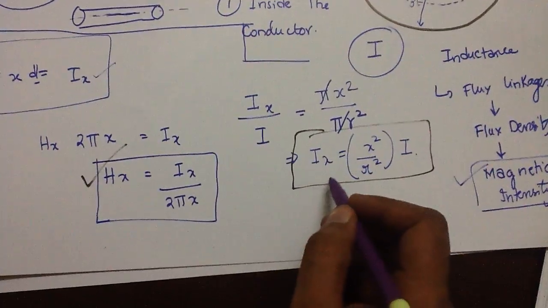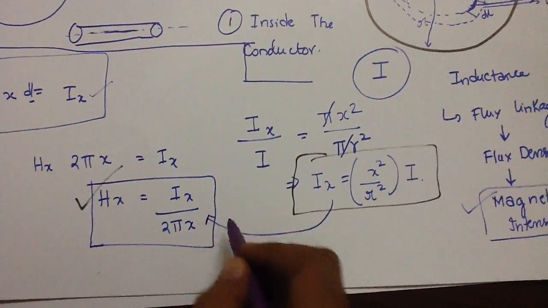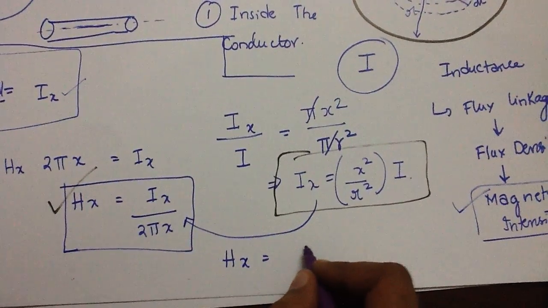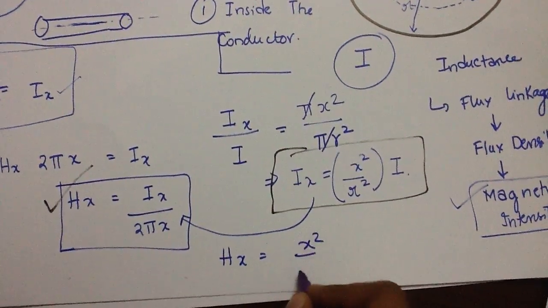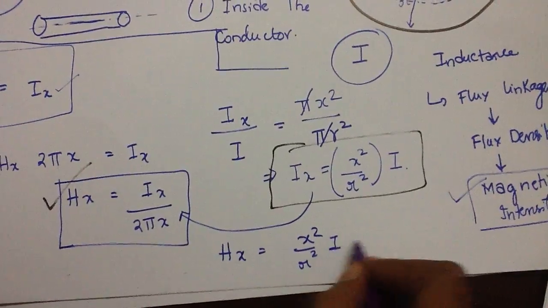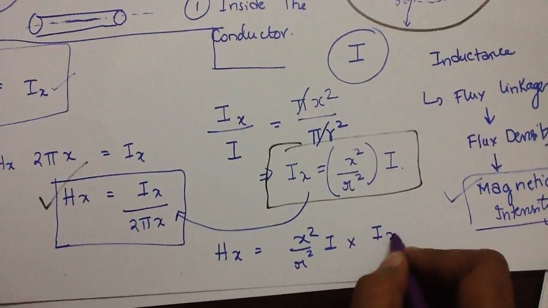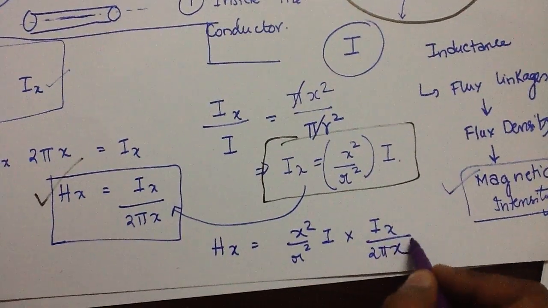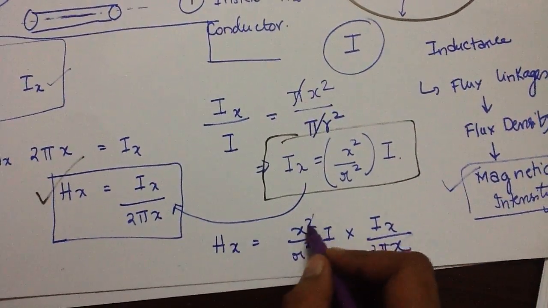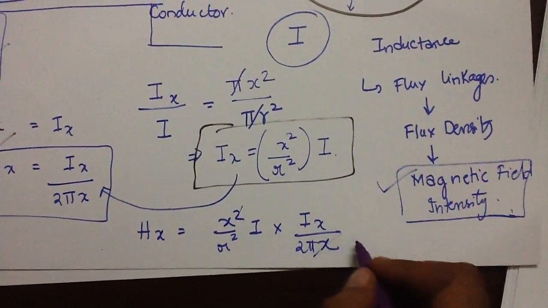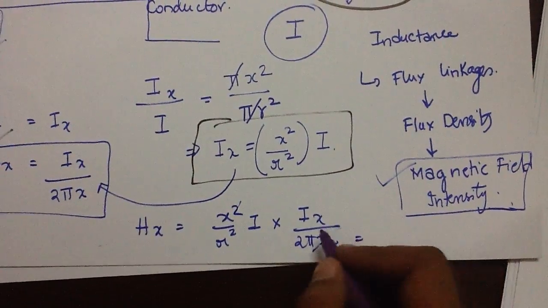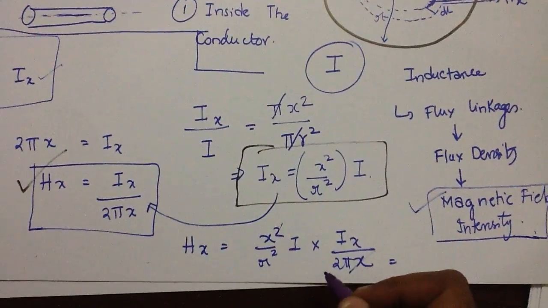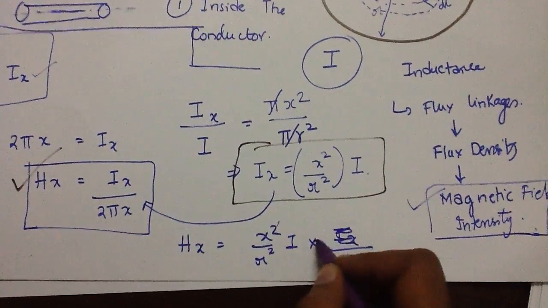Now we substitute the value of Ix in Hx. So Hx is equal to x square by r square into I, divided by 2 pi x, which is equal to, wait a minute, we substituted Ix, I'm sorry.